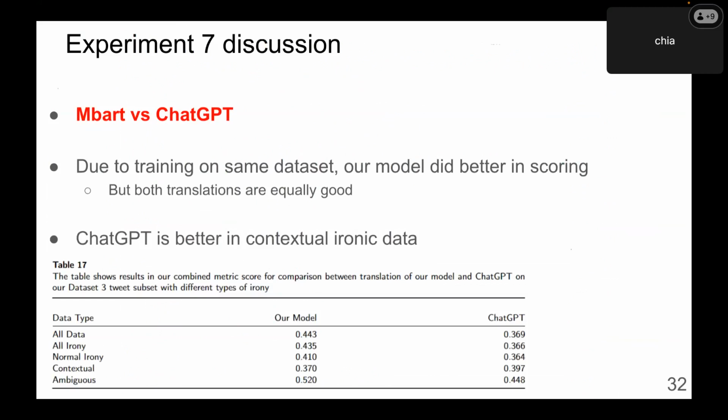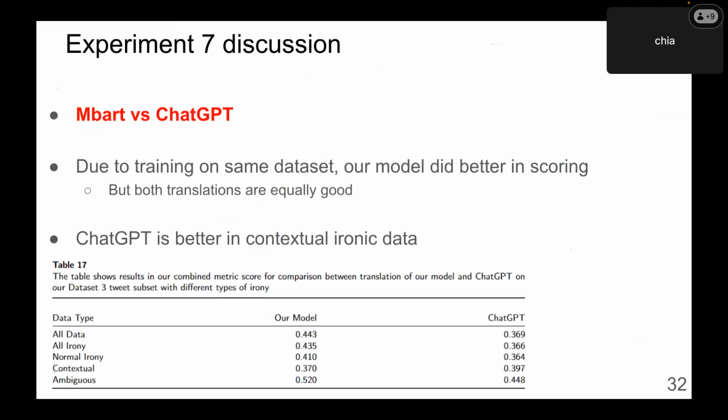Okay, for the next experiment, we test between the translation of mBART, my model, and ChatGPT. Because my models are all trained on the same data set, our model actually has a better score here for the evaluation metric.